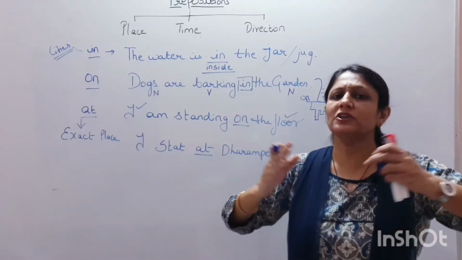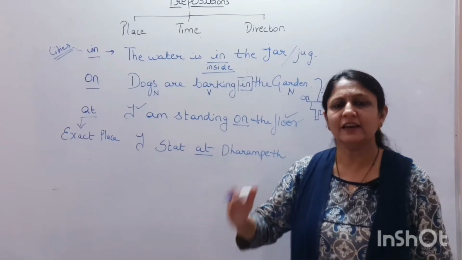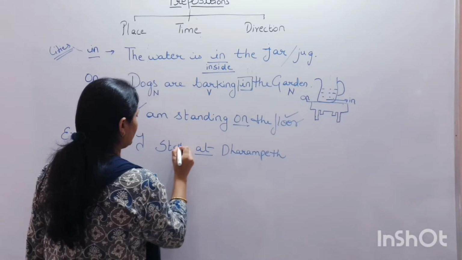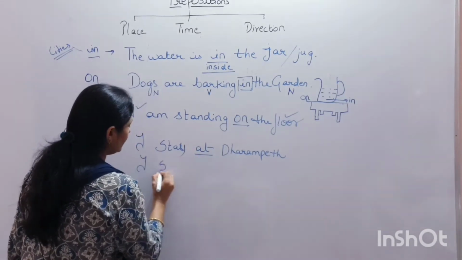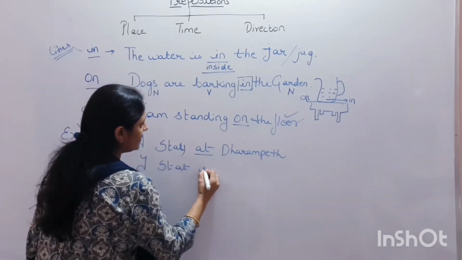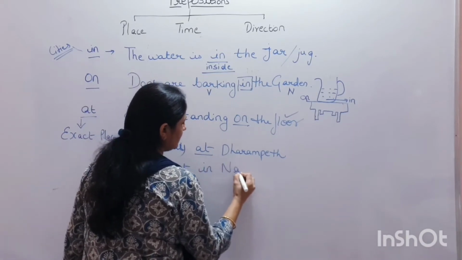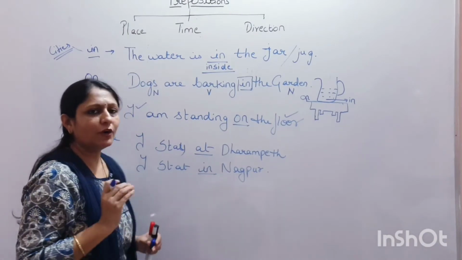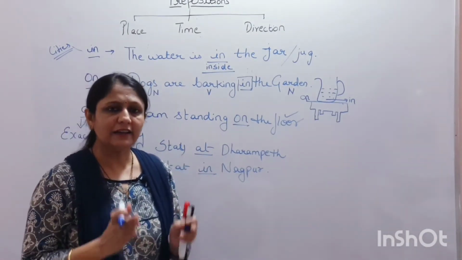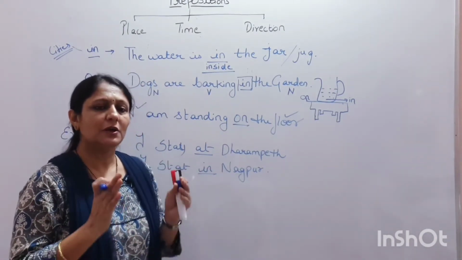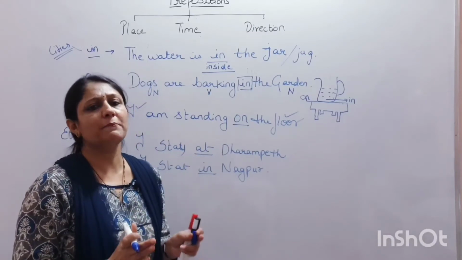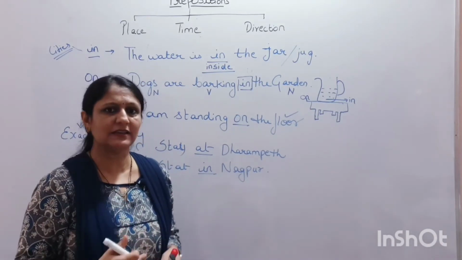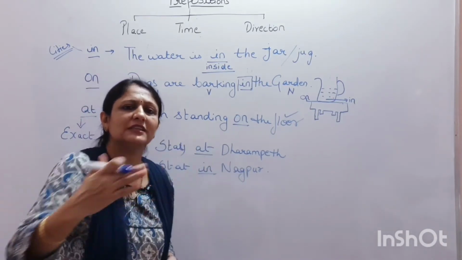But suppose if I need to mention the name of the city where I stay in India, then I will make the sentence, I stay in Nagpur. So, with these two sentences, we also understand that at is used for exact location but which is smaller in comparison, and in is used for bigger locations. Yes, of course it is exact only. I cannot live in 2-3 cities at the same time.